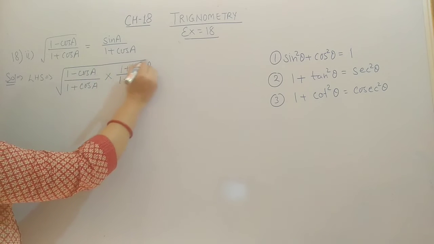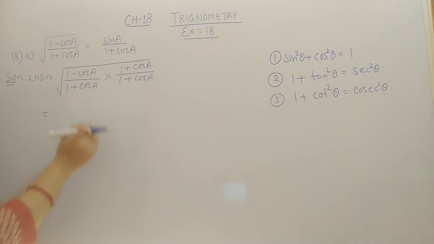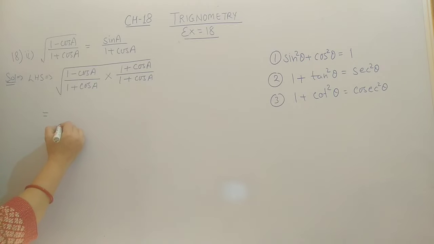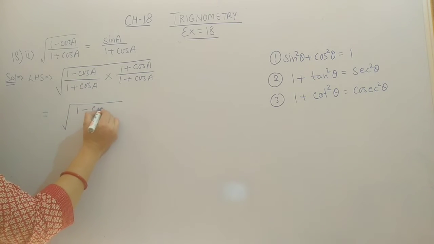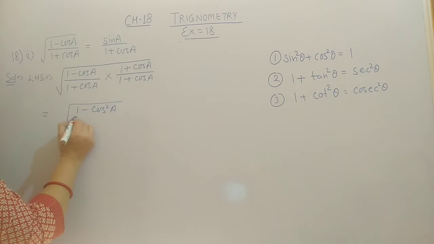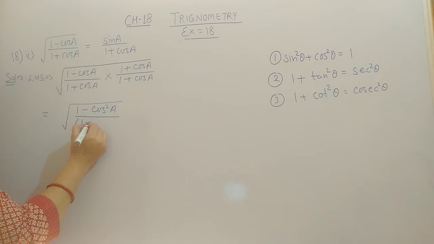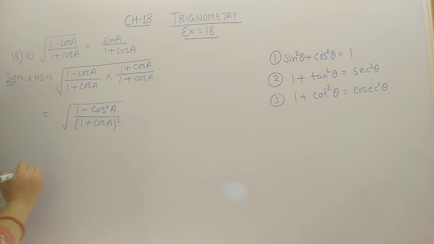within this root symbol. Now this numerator, 1 minus cos A into 1 plus cos A, that is a minus b, a plus b, which is equal to a² − b². So it will become 1 minus cos²A. And the denominator, 1 plus cos A into 1 plus cos A, will become (1 + cos A) whole square.